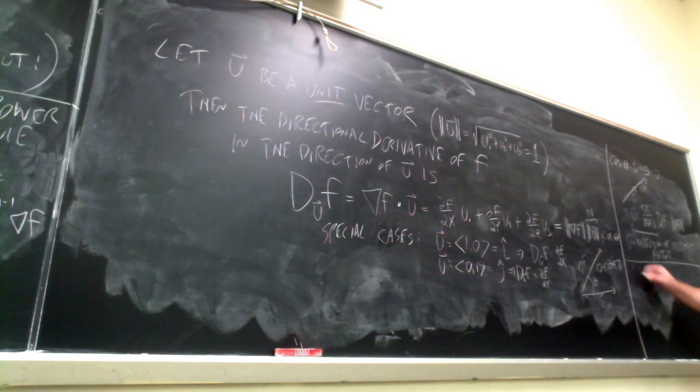Now, let's flip this around. Direction of steepest descent. So, in that case, we want cosine theta to equal minus 1. What would theta be in that case? Yeah, it's pi, or 180 degrees.